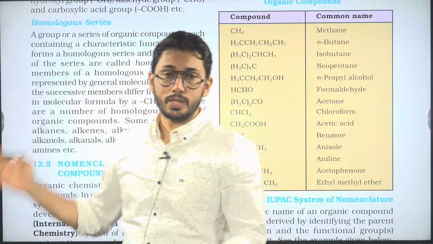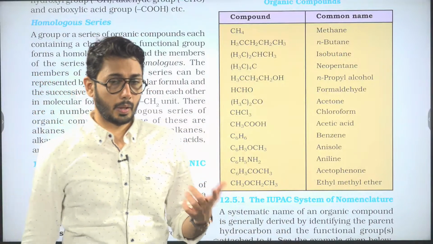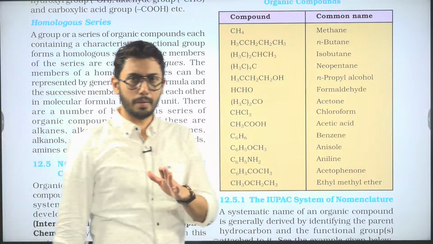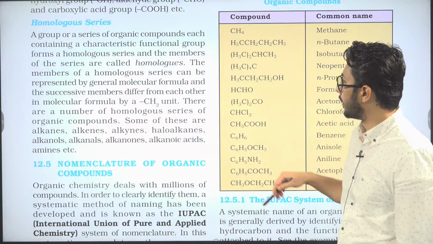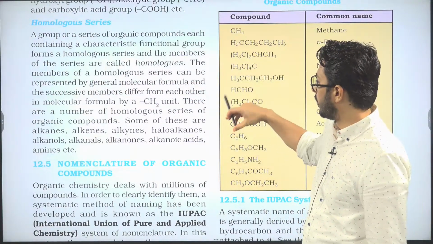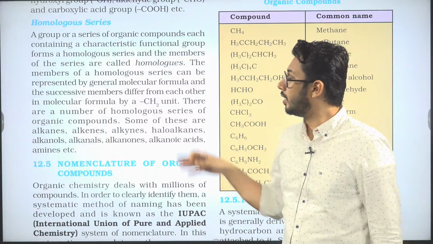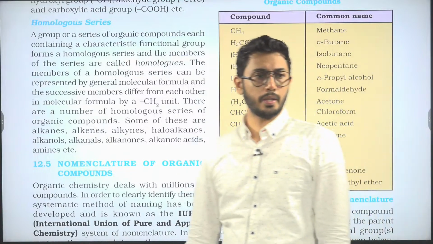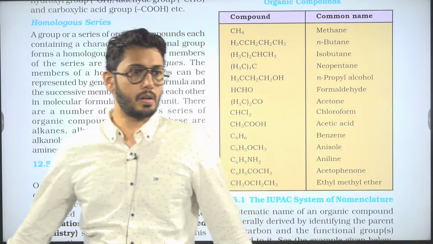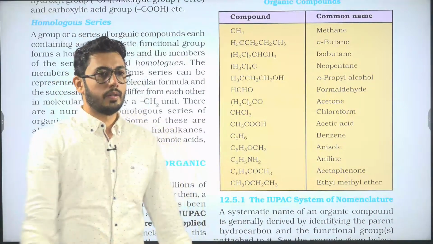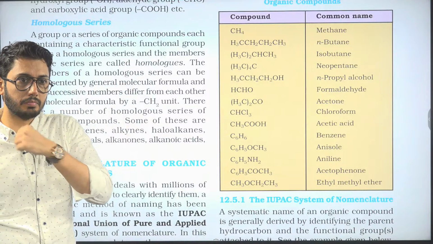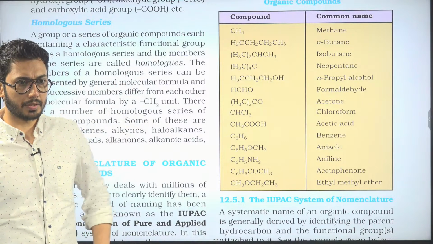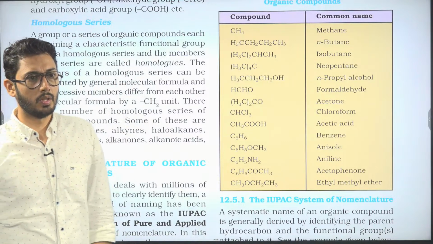Homologs show similar chemical behavior, but they differ in something. Can you tell, they differ by which thing? They have similar chemical behavior, but they have different what? Any point you know from the junior classes?